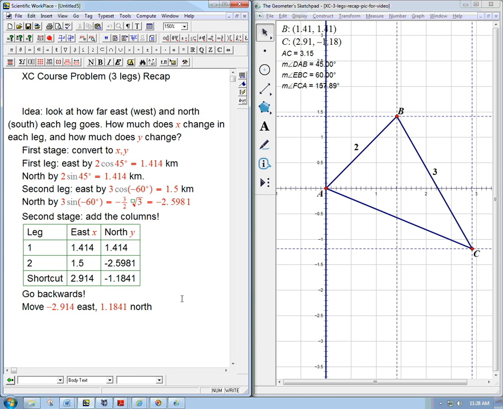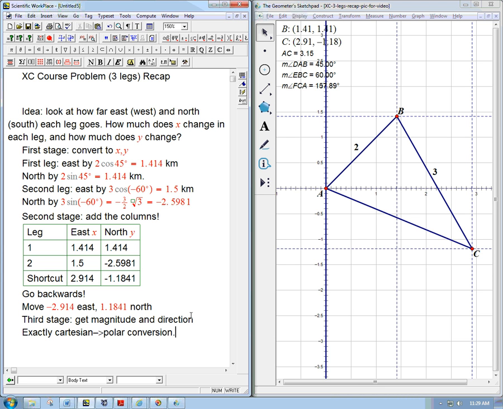Okay, so now the third stage, what was being asked for was the magnitude and direction. I've got this much east motion, this much north motion. I've just really got to convert that to a magnitude and direction. And that's exactly a Cartesian or rectangular to polar conversion.